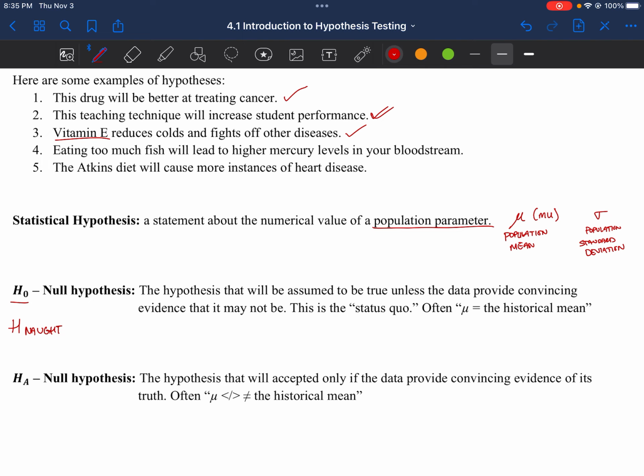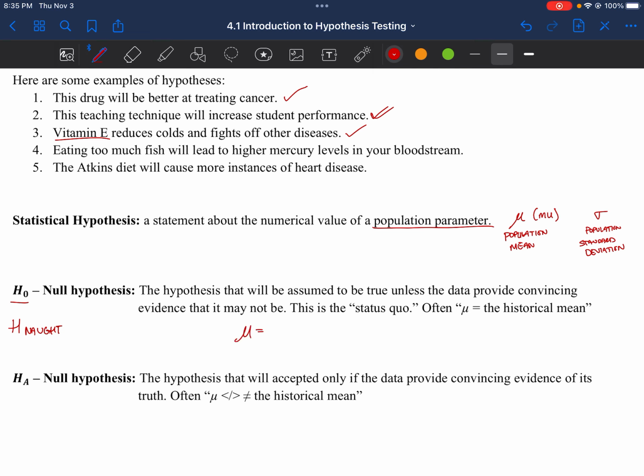Okay. And this is the hypothesis that's going to be assumed to be true, unless we get some data that says otherwise. And so typically, this is the status quo, and it's often just what the historical mean has been. We're going to say, in the case of increased student performance, the null hypothesis would be that the mean is still what it's always been.